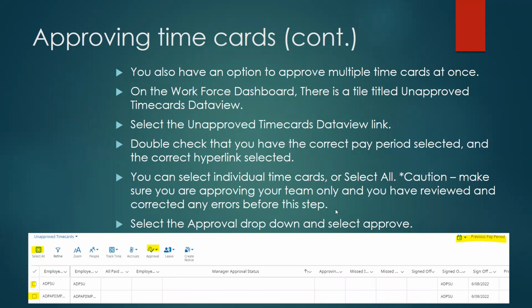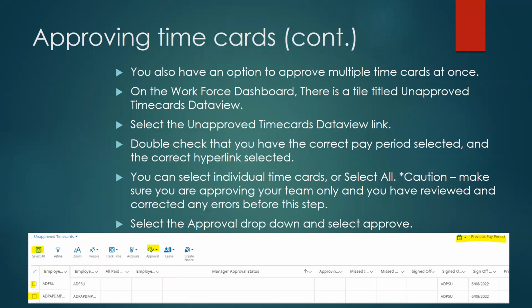If you've already gone through all of your time cards, you've corrected all errors, you know all of your staff have approved, then you can go in and approve multiple time cards at once. So on the workforce dashboard, there's that tile for unapproved time cards data view. You're going to select it. And again, you're going to want to double check that you've got the correct pay period and you have the correct hyperlink selected.